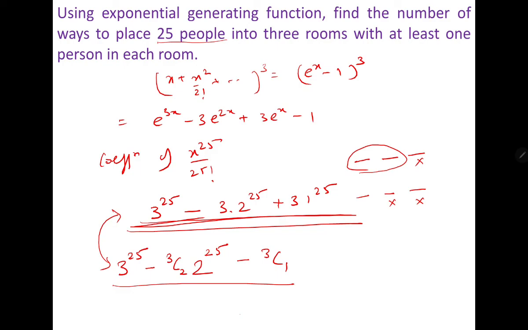So when I consider the case when one of the rooms is empty, what happens is that all 25 can go into this room also, and all 25 can go into this room. So these two cases have actually been repeated when I say that only one room is empty, because in this case if all 25 go here, then also all 25 are going into one room and 2 rooms are empty.